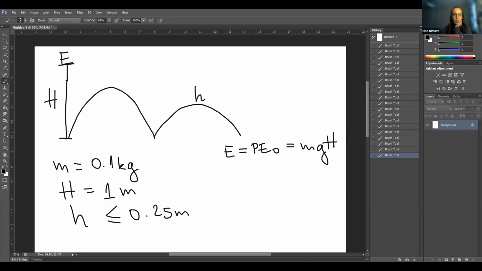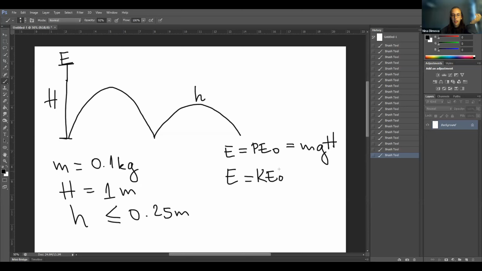It starts falling, and when it hits the ground, they say it loses a quarter of its kinetic energy. But when we think about it, at the ground, we can set up our coordinate system so that the ground is our 0 level. So at the ground, it has 0 potential energy. So this full energy, which was initially the potential energy, is now fully kinetic energy.